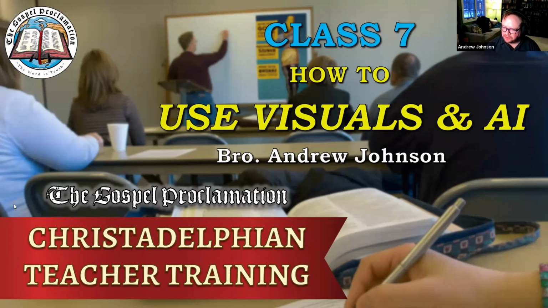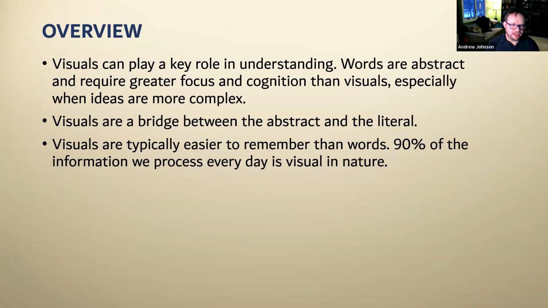So tonight we're going to talk about visuals. And I want to start by just talking about that. Visuals play a pretty important role in our understanding of things. The reason for that is that words are an abstraction, and they take a little bit more cognition in order for us to understand concepts when we're just using words.